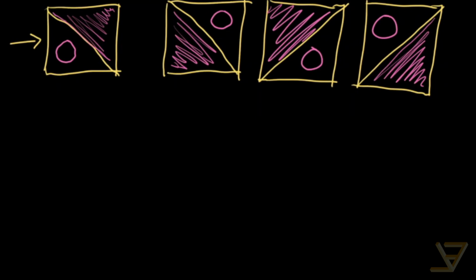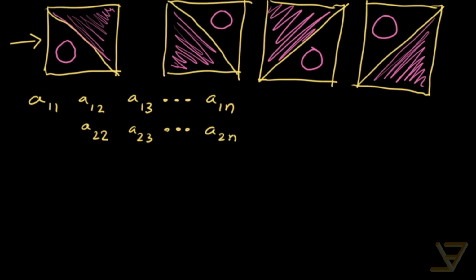So let me show you what kind of a matrix this first one looks like. We have A11, A12, A13, all the way through to A1n. Then we have A22, A23, all the way through to A2n. We have A33 going to A3n. And we keep going this way until we're left with only Ann in the final row.